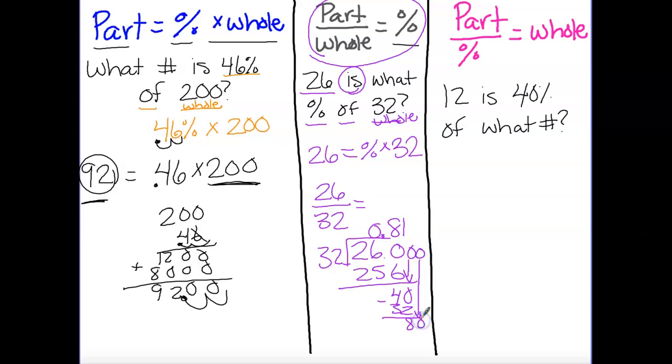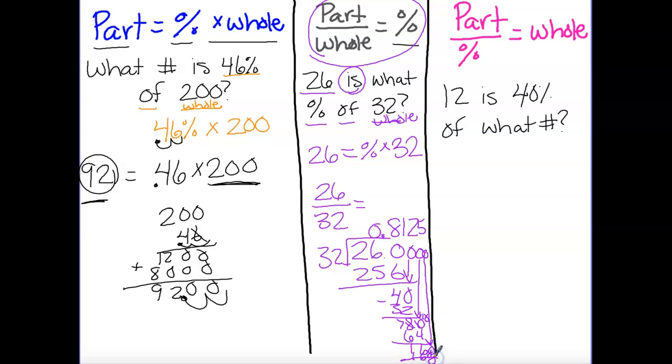Bring it down. 32 can go into 80 twice. 2 times 32 is 64. I subtract and get 16. I add a 0, bring it down. 32 can go into 160 5 times. 5 times 32 is 160.